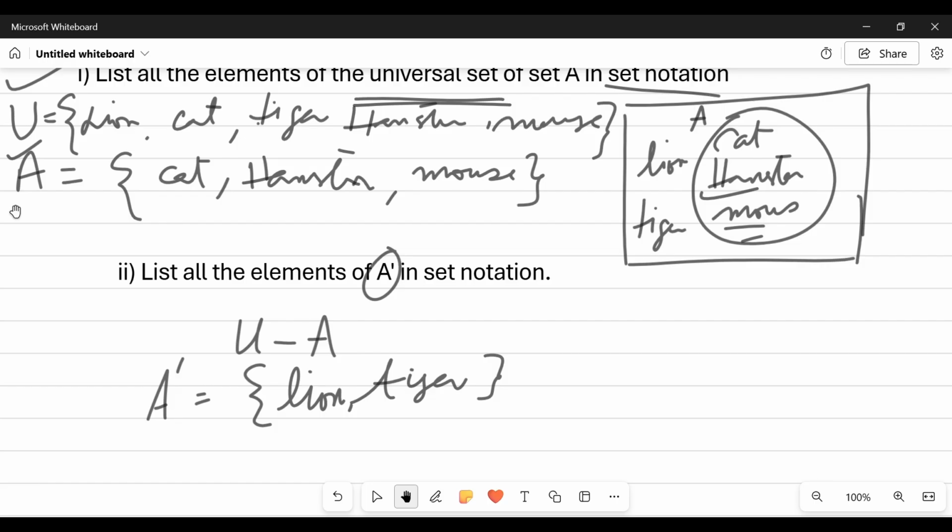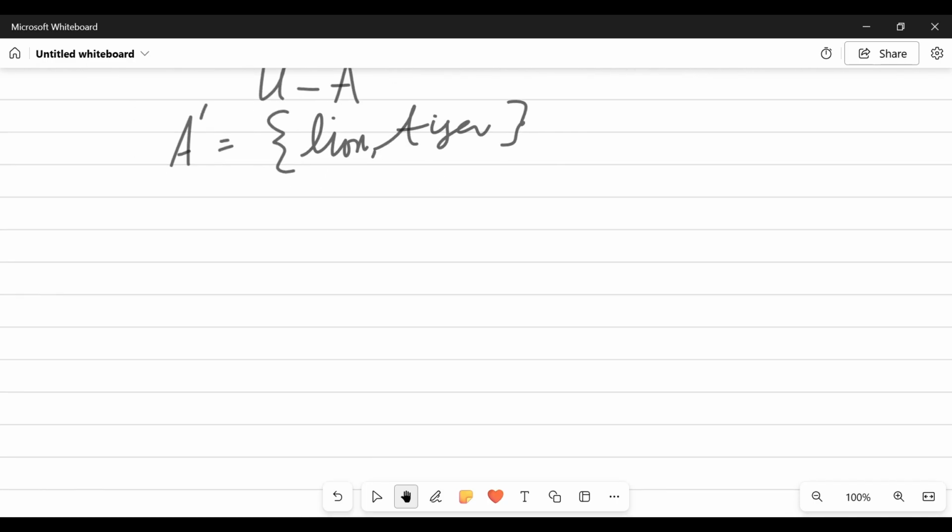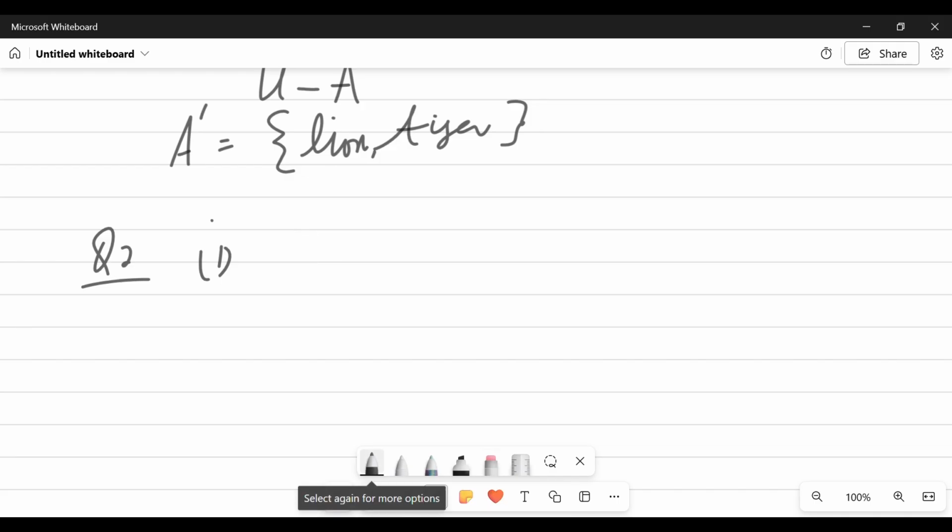So first you need to write down the elements of the universal set, and then the set B. For question 2, the first answer requires writing the elements of the universal set: the positive integers, with 1 and 10 also included.